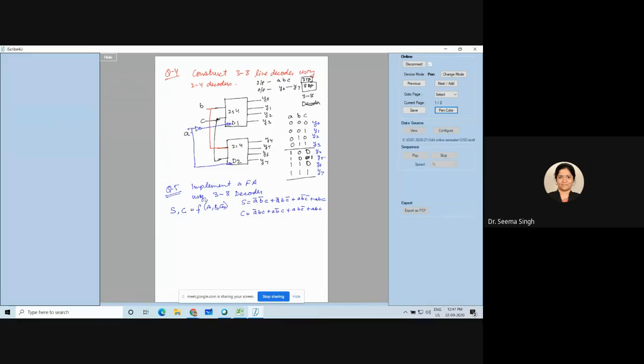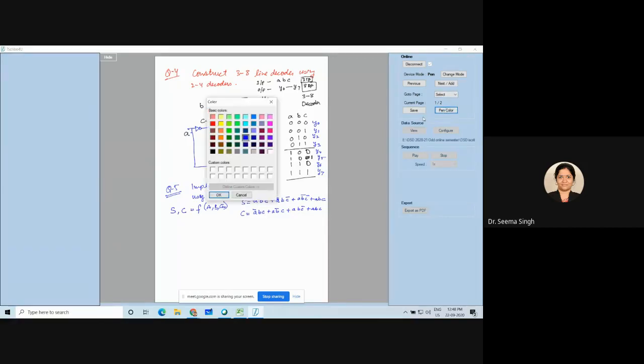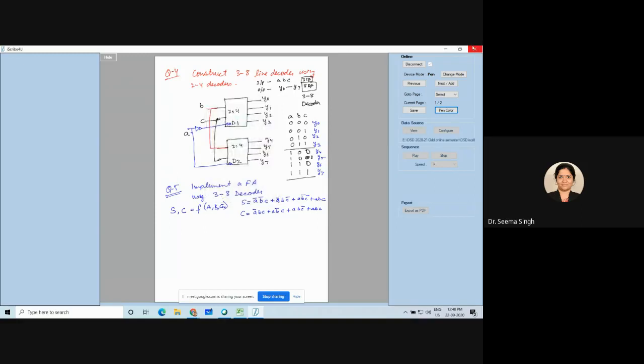What is the min-term for carry? Quickly. See how nobody is answering?